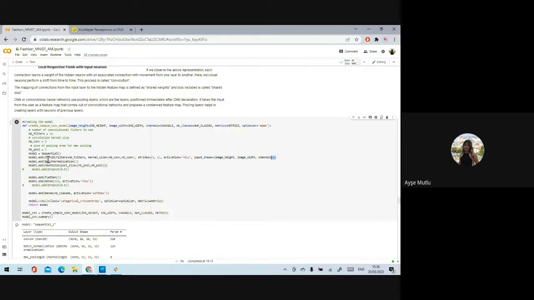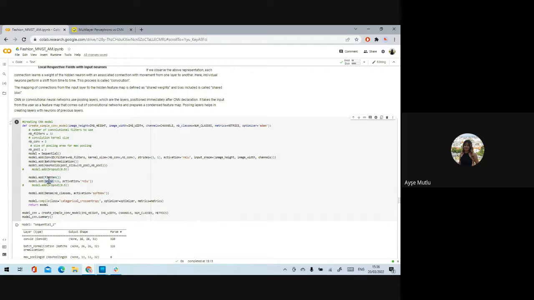Then for this sample, we are adding the batch normalization. The second thing is we are doing the max pool, and the pool size is 2 by 2. If you want, you can uncomment this and add the dropout layer. After we reduce the image to certain dimensions, we are free to flatten it, and here we use the flatten.